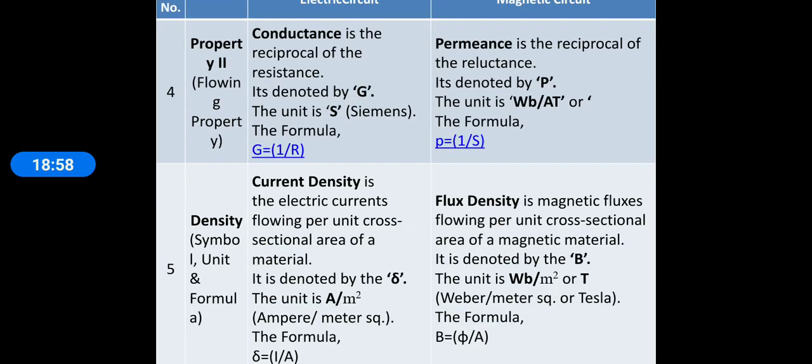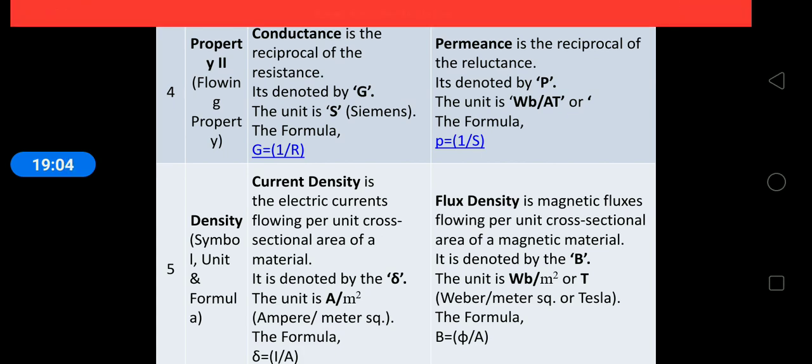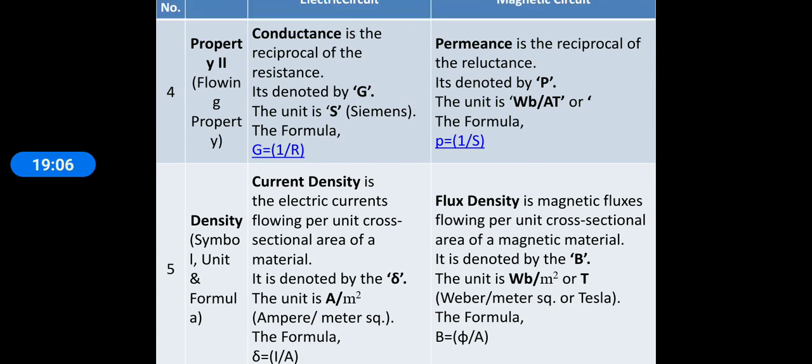Then another difference is the flowing properties. In an electrical circuit, the conductance is the reciprocal of resistance.